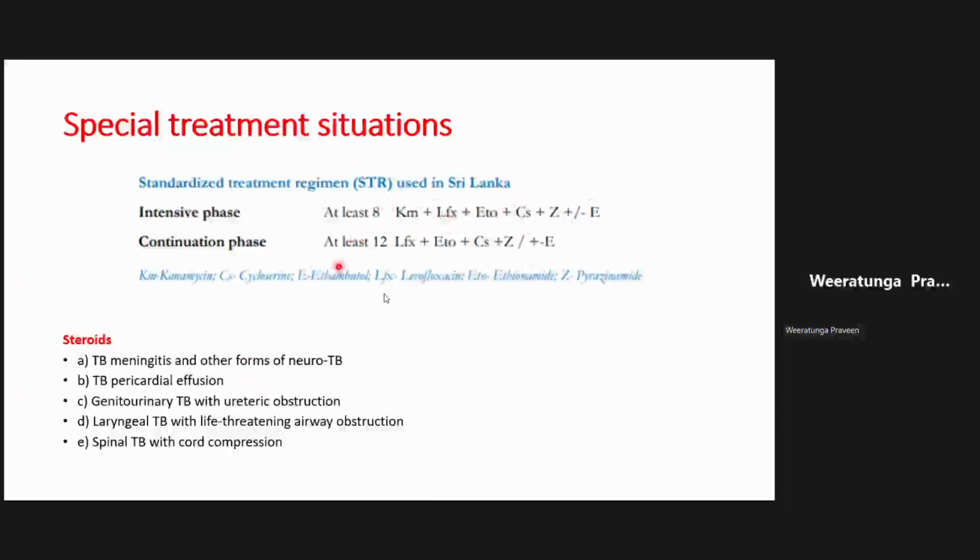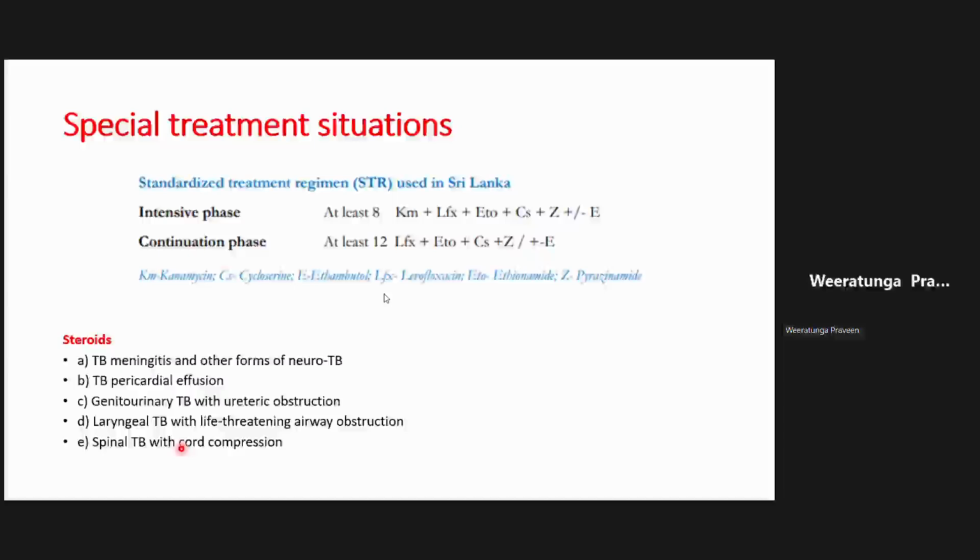Right. Now, the last thing I need to tell you is that sometimes we use steroids as adjunctive to anti-TB drugs. We definitely give steroids in TB meningitis and spinal TB with cord compression. The idea is to reduce the inflammation around the neurological structures, the spinal cord and cranial nerves.